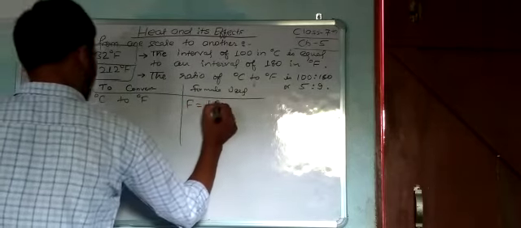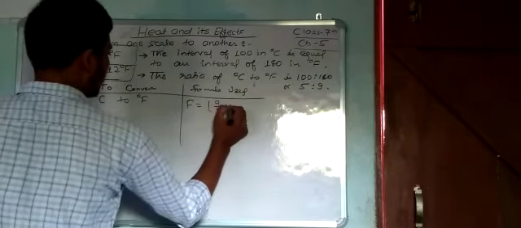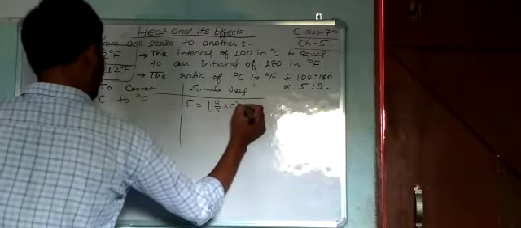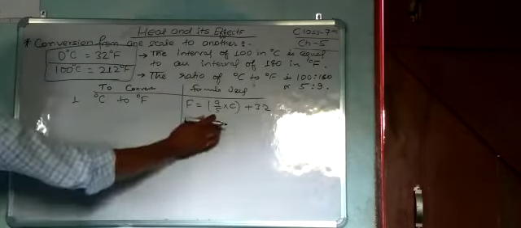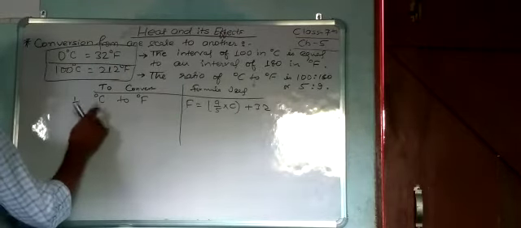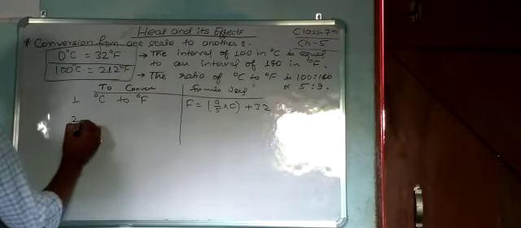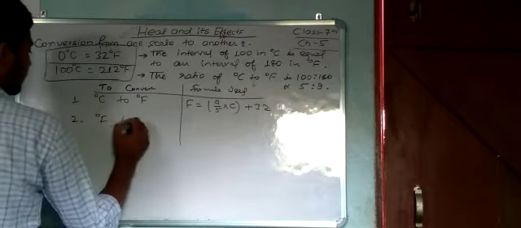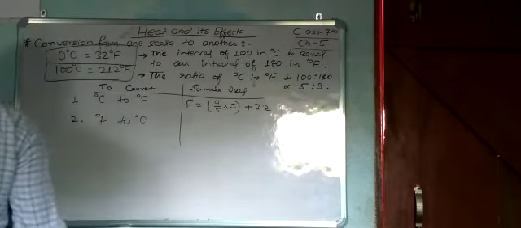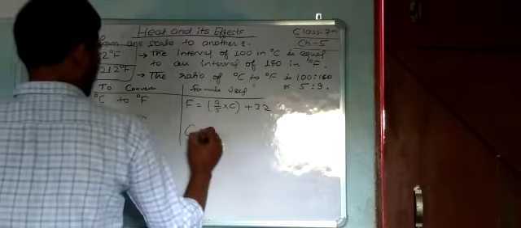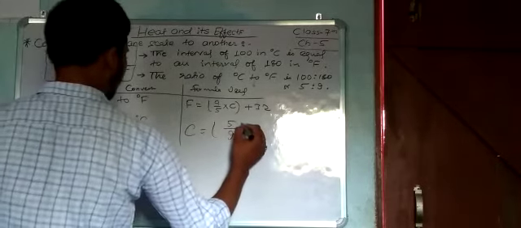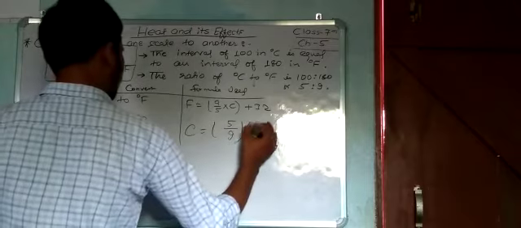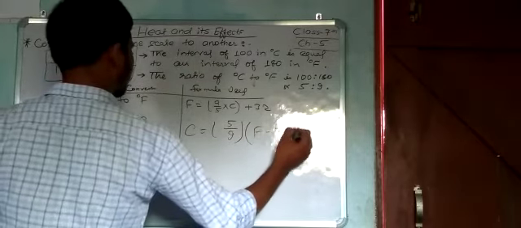Fahrenheit is equal to 9/5 into C, meaning degree Celsius, plus 32. This is the formula to convert degree Celsius into Fahrenheit. Second, degree Fahrenheit to degree Celsius. Now degree Celsius is equal to 5/9 into F minus 32.